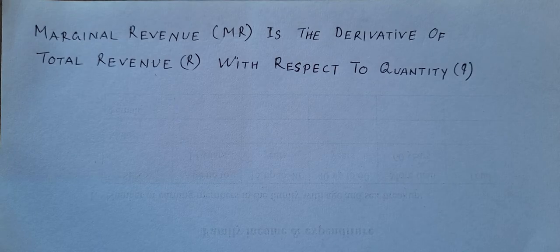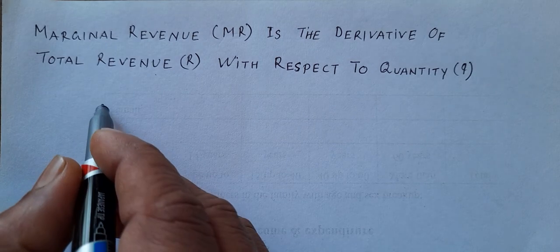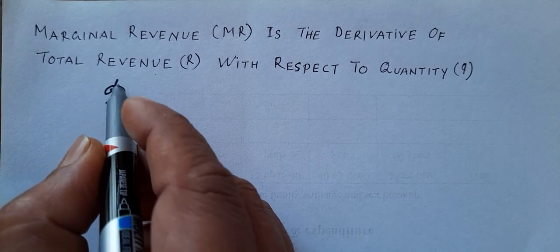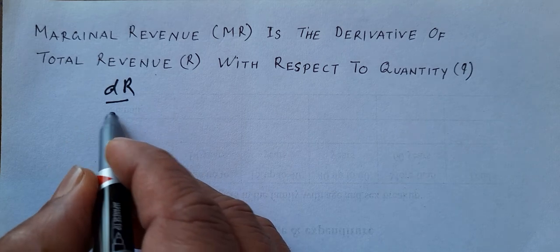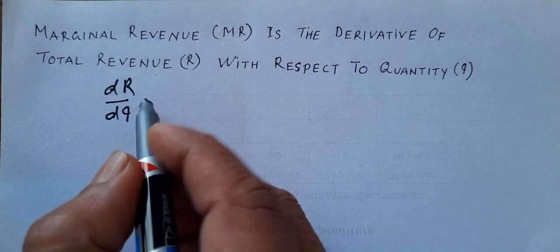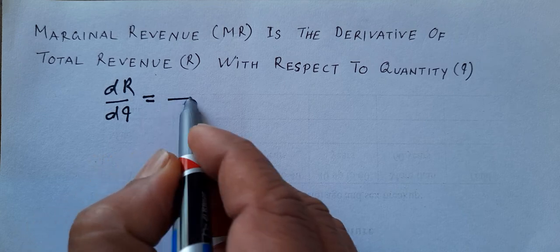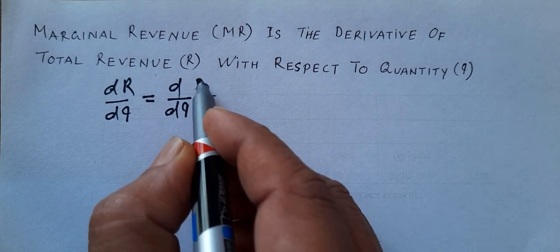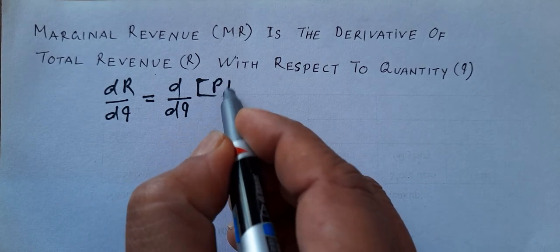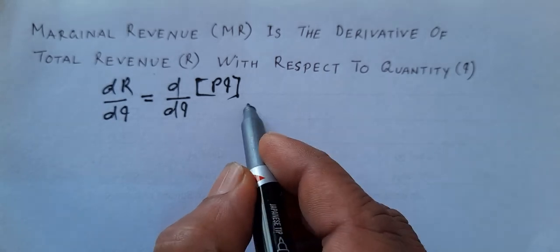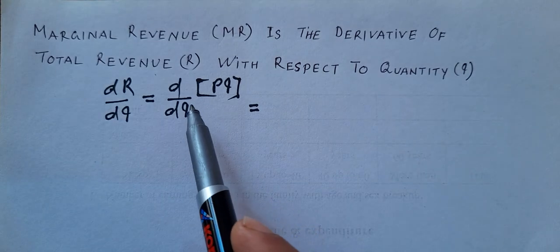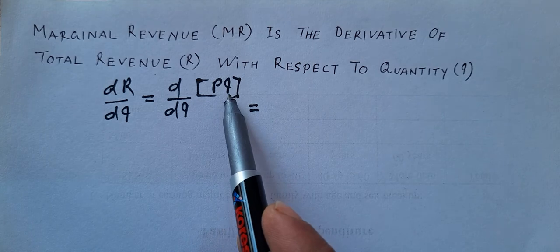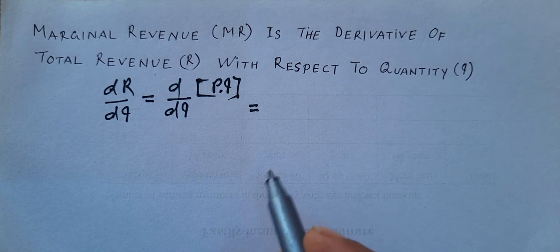We know that marginal revenue is the derivative of total revenue with respect to quantity. Therefore dR by dQ is the marginal revenue, and that is equal to d by dQ of R, and R is P into Q. This is the product of P and Q, so here we use the product rule of differentiation.